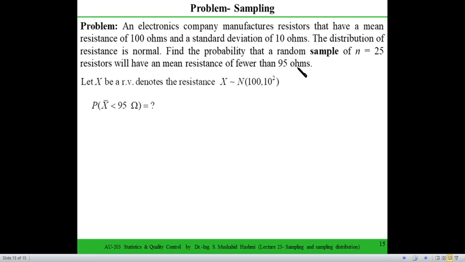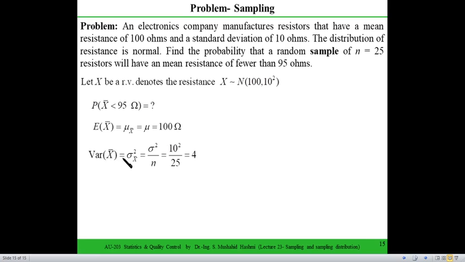So what I need is to look into the distribution of the sample means. First I calculate the mean value of the sample means, that would be the expected value, and we know from our theory that in both cases, with replacement and without replacement, the expected sample mean is the population mean, and here the population mean is 100 ohms.